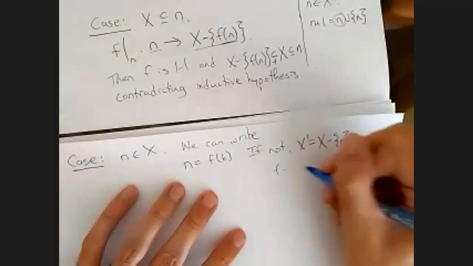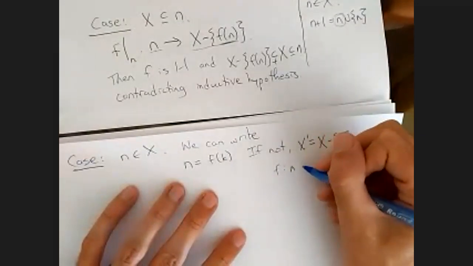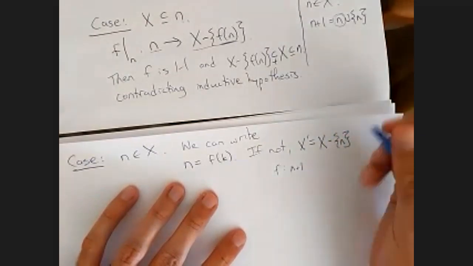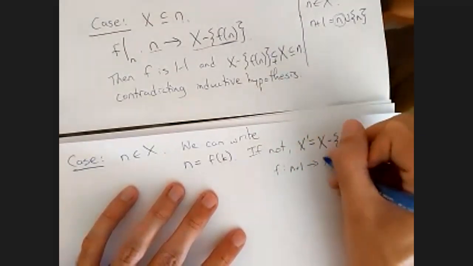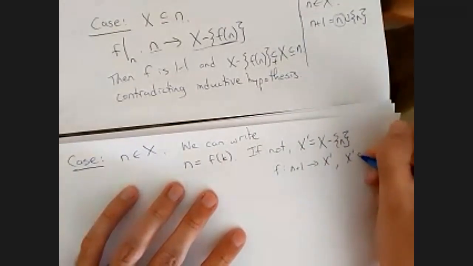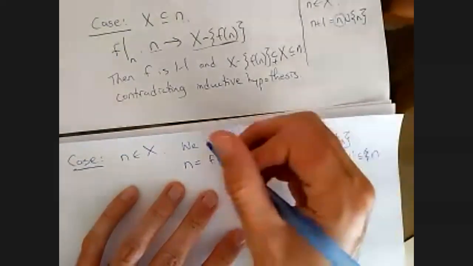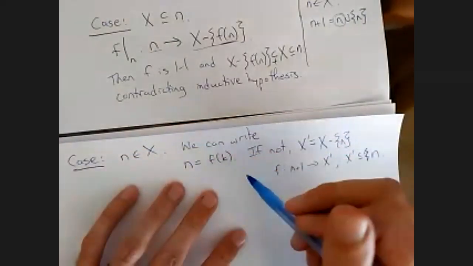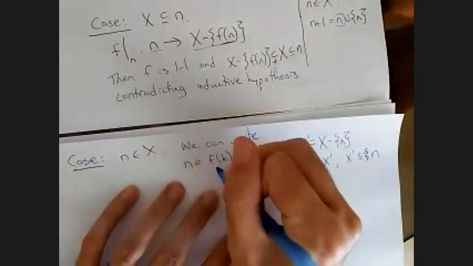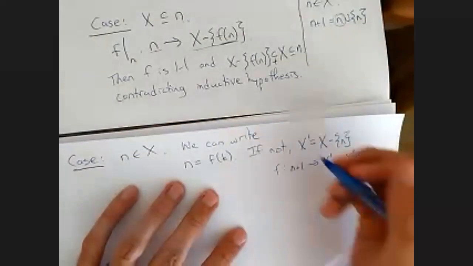Then f is also going from n plus 1 to x prime, and now x prime is contained in n. So this second case, we only need to enter this case when n is equal to f of k for some k.